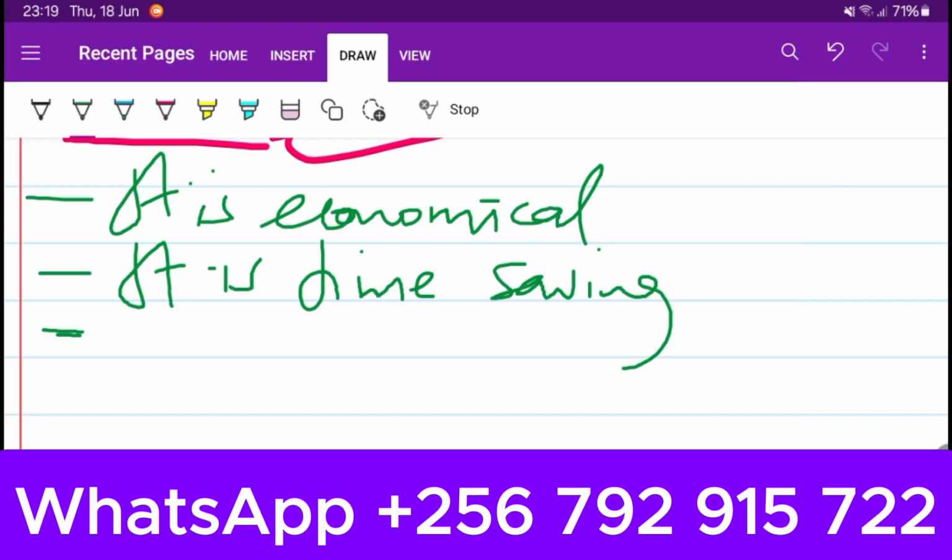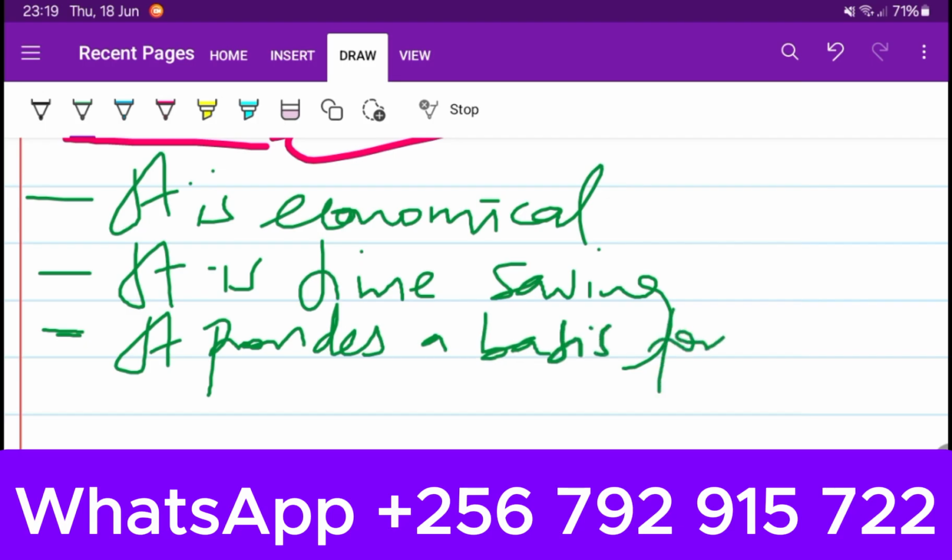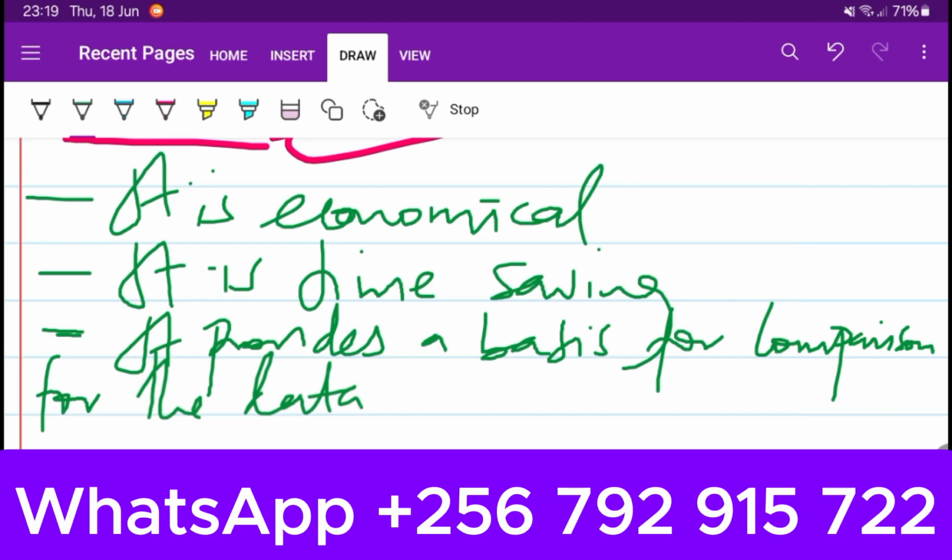So it provides a basis for comparison for the data that is collected by the researcher.